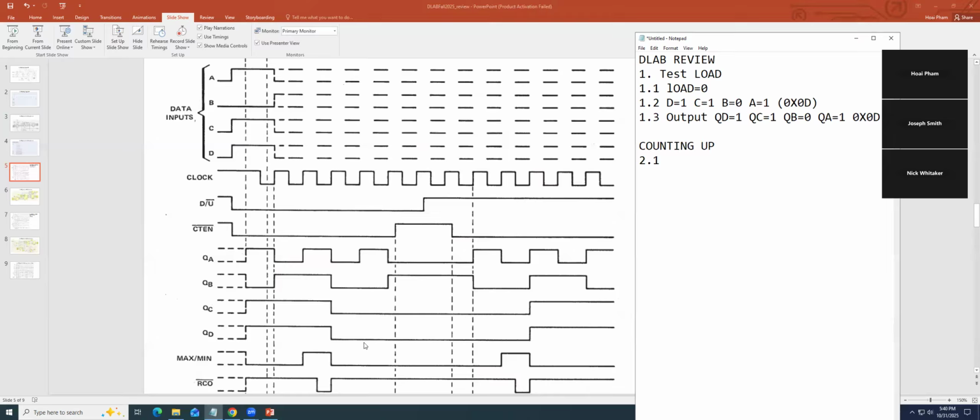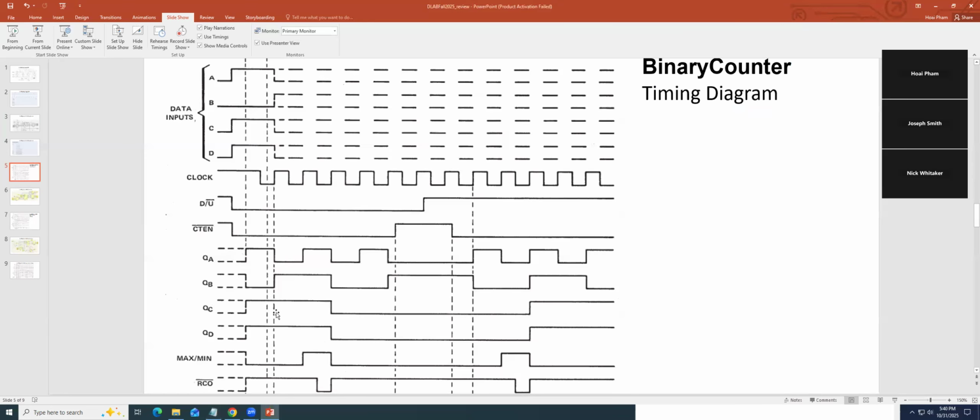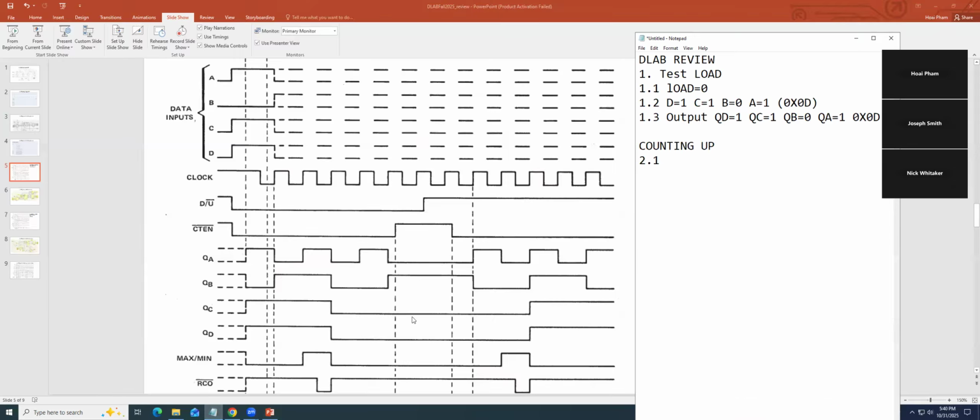If you're looking at the counting, okay, this is counting, the clock here. Okay, you see the clock. Number 14 for counting. Okay, load must be one, because you don't want to load.